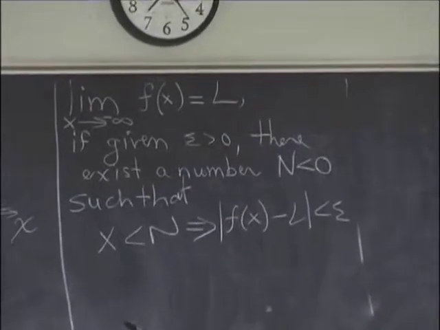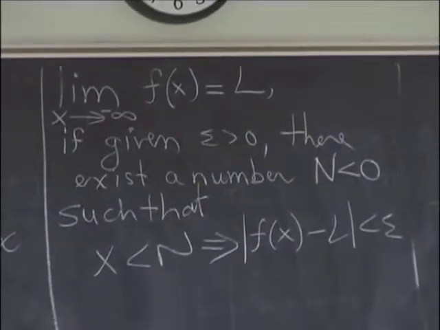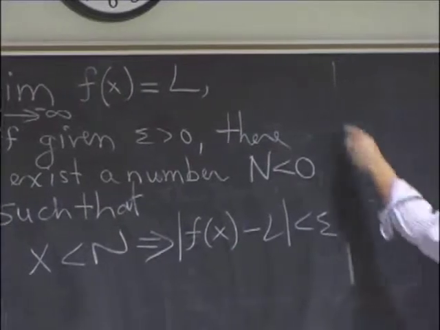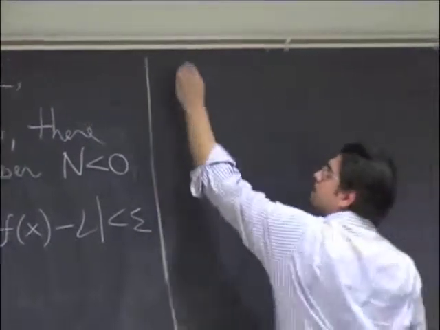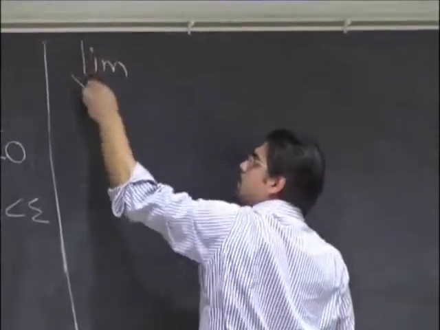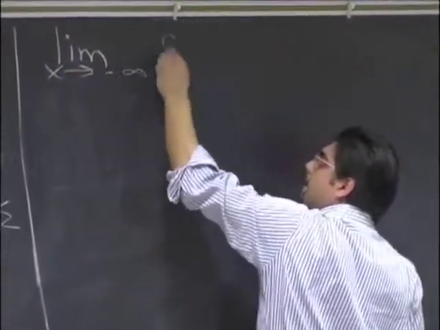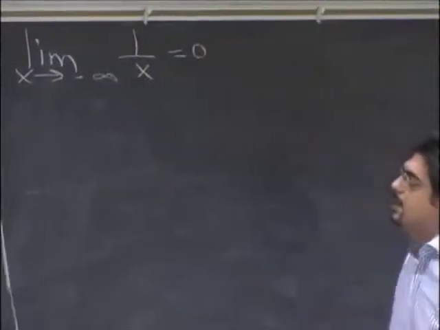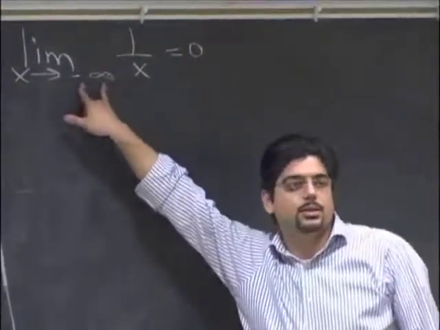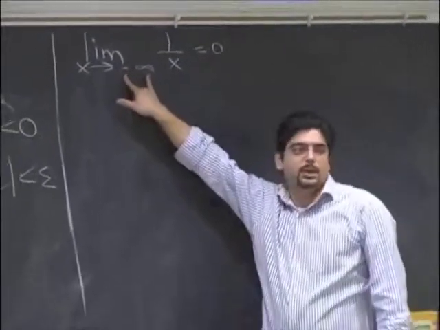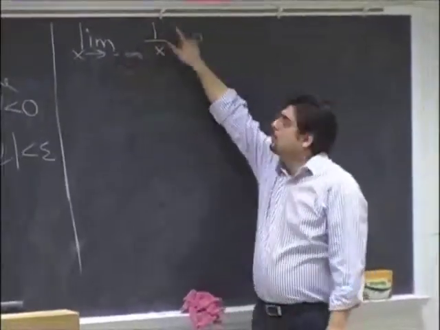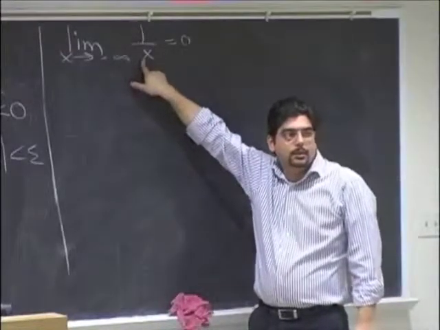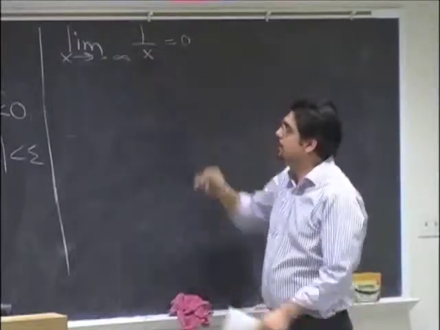There's a similar picture for that limit. Let's look at the same function, 1 over x. As x gets larger and larger in the negative direction, like we're talking negative a million, the reciprocal is negative, but it's really small.